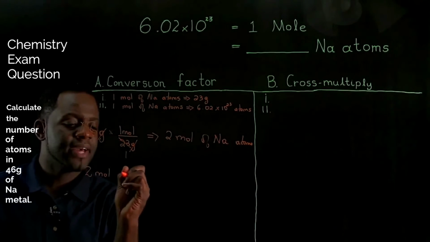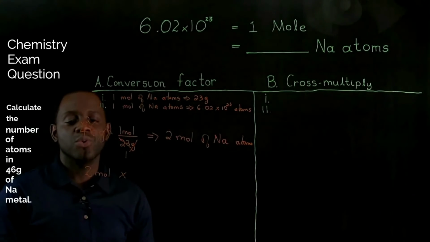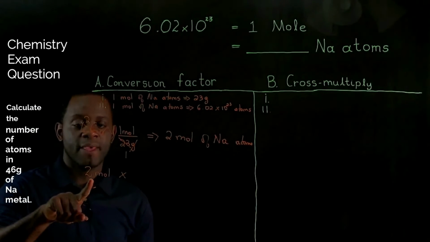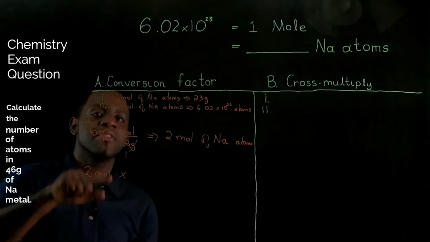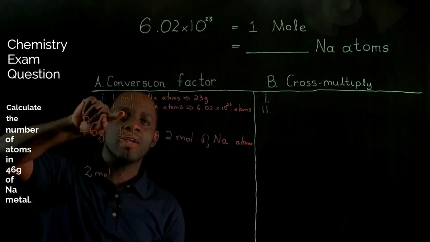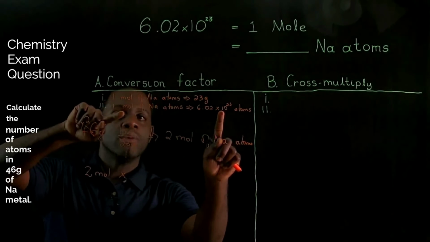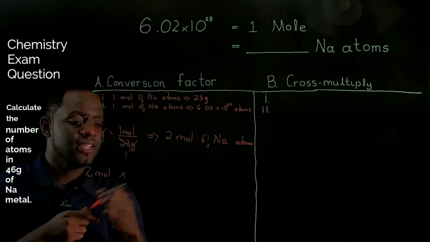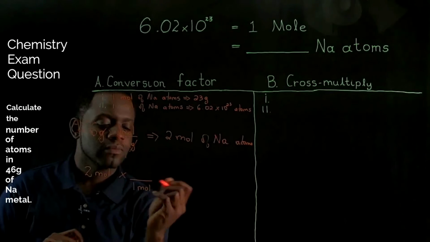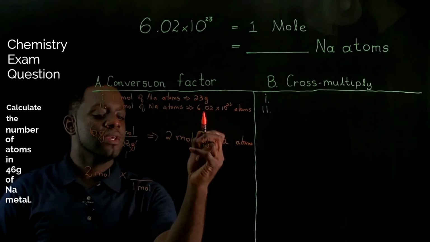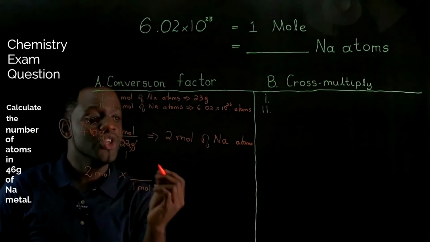And we multiply that by a fraction that will enable us to cancel the unit here, mole. And this statement has 1 mole and Avogadro's constant. Now we'll put the 1 mole as the denominator. So that's 1 mole. And we'll put the Avogadro's constant as the numerator.